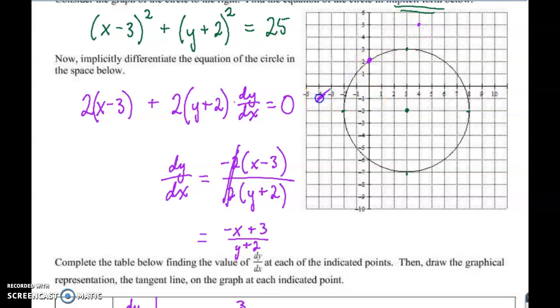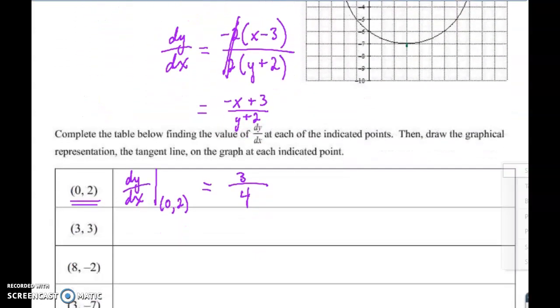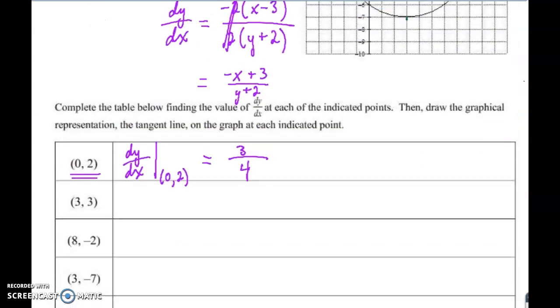So as I connect these dots, I hope you would agree that that was a perfect tangent line. Oops, went down too far. Let me just change colors to make this a little bit nicer. So again, I want you to practice the notation dy/dx at the ordered pair (3, 3).